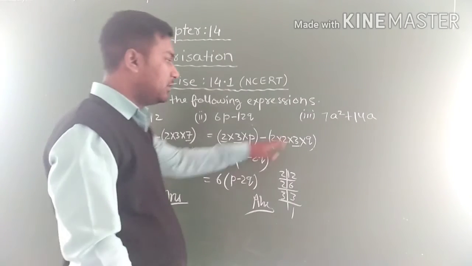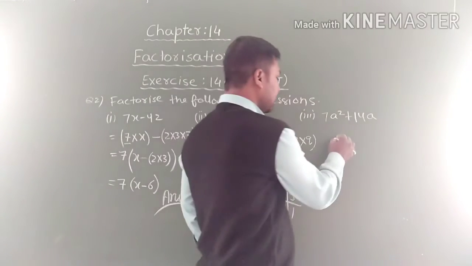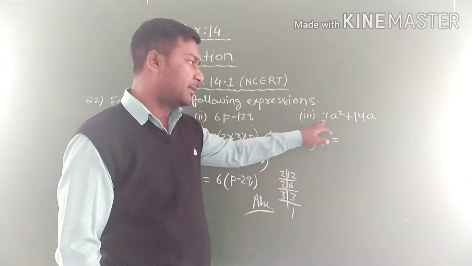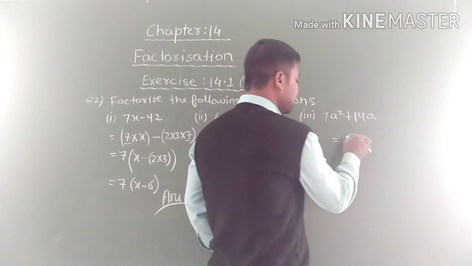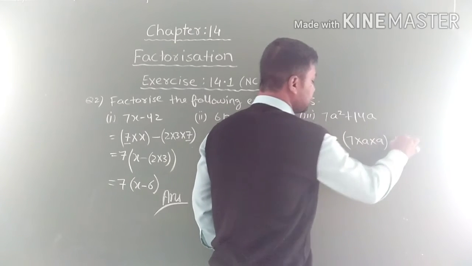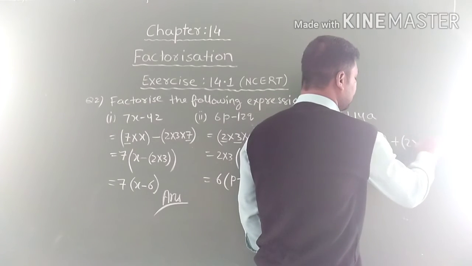Now the third one, that is 7a square plus 14a. Similarly, we have to find the factors of 7a square. So it will be 7 into a into a, plus this is 14a, so we can write 2 into 7a.